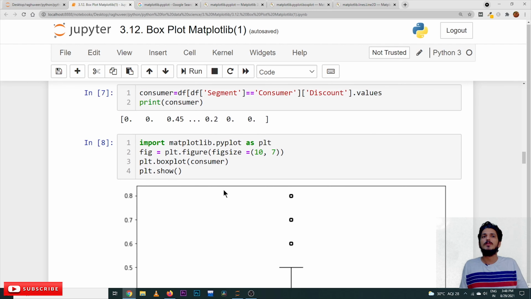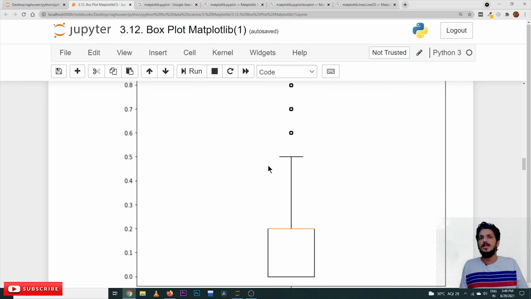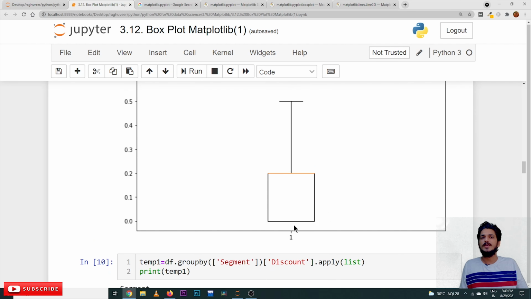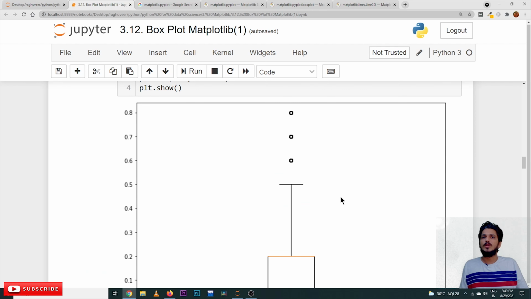When you construct the box plot for this consumer, this is how our box plot looks like. See here, the lower value is not there because the first quartile and the lower value, meaning the least value, are the same. That's why we don't have the least value. Okay, and what are these values? So what are these dots?